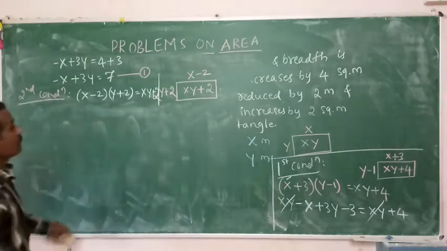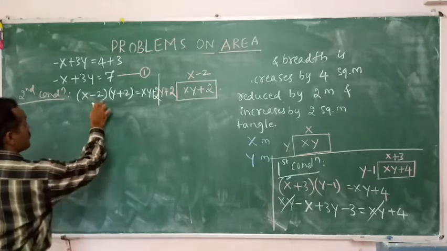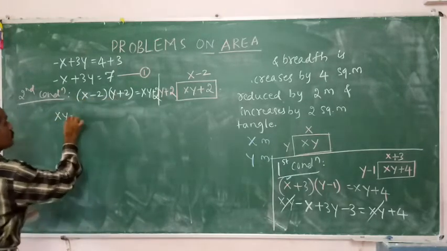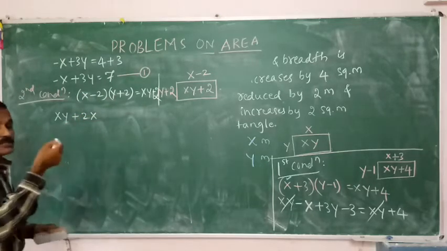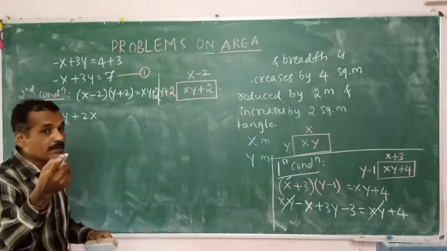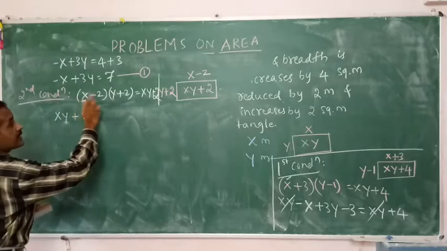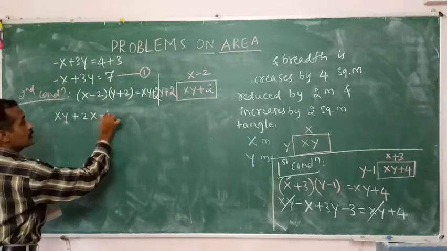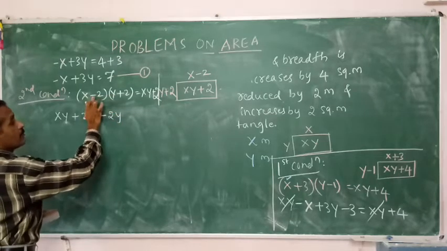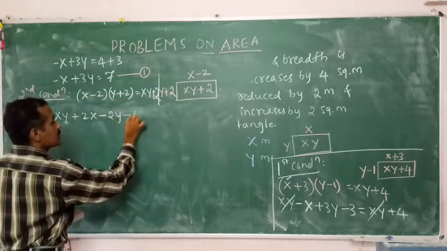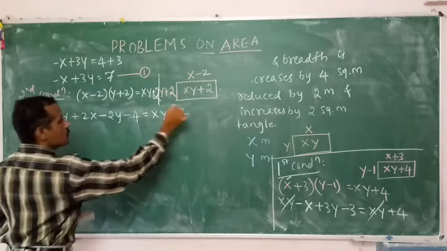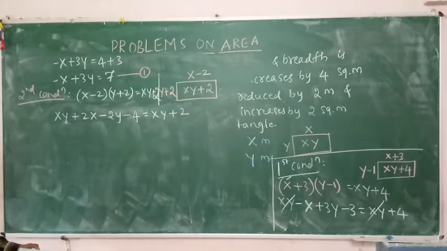Okay, students, wherever this has to be simplified. x into y, xy, x into plus 2, plus 2x. This is the multiplication of binomial into binomial. x into y, xy, x into 2, 2x, minus 2 into y, minus 2y, minus 2 into plus 2, minus 4 is equal to xy plus 2.